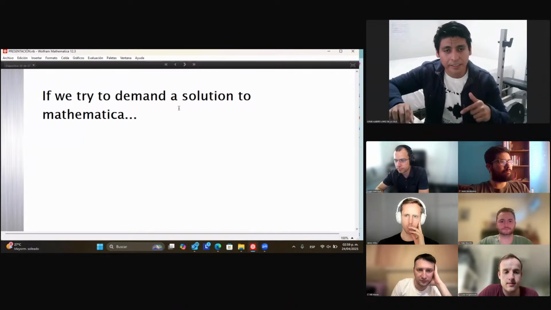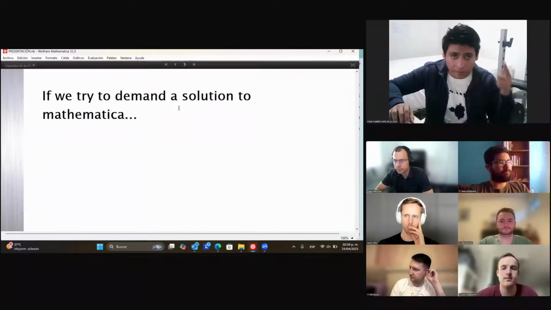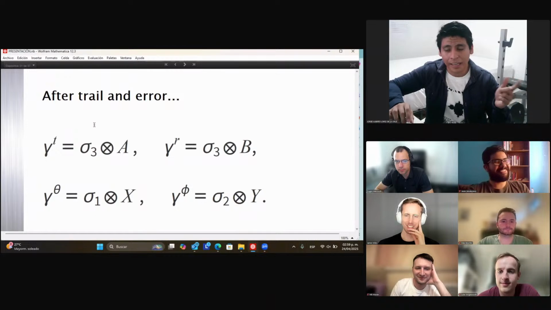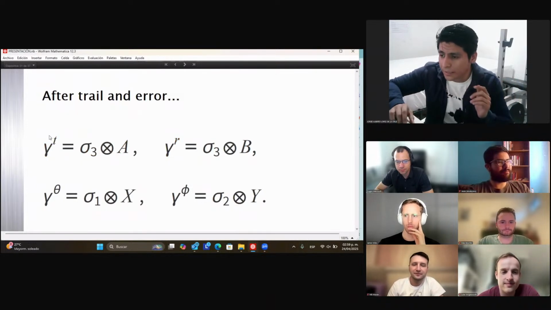Here is where I have to think a lot every night, and after trial and error, I arrive at these expressions. What are these expressions?